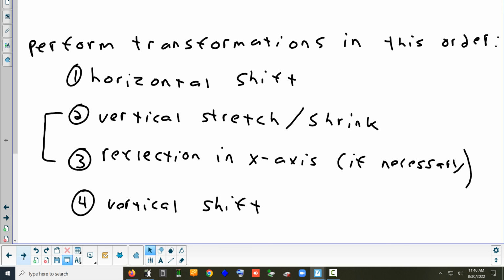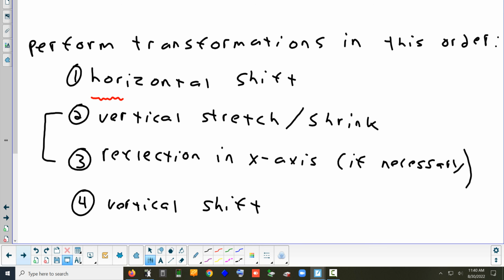In a problem, the first thing you always deal with is a horizontal shift. If you had a horizontal stretch, you would deal with that next. We're not doing those with parabolas, so don't worry.